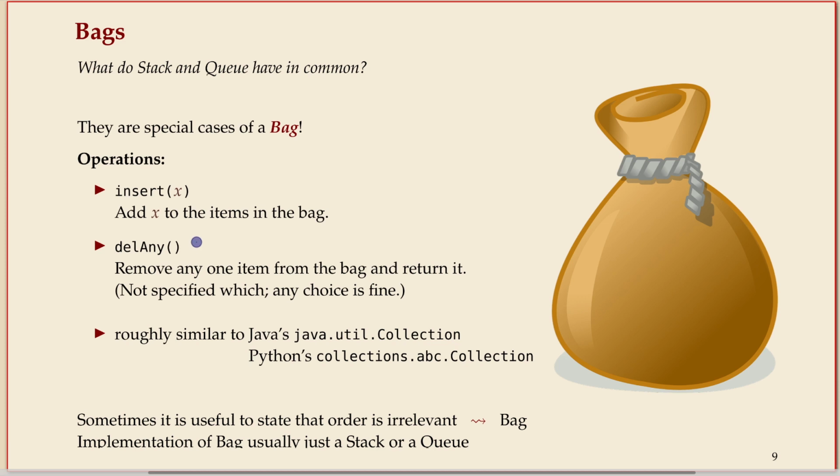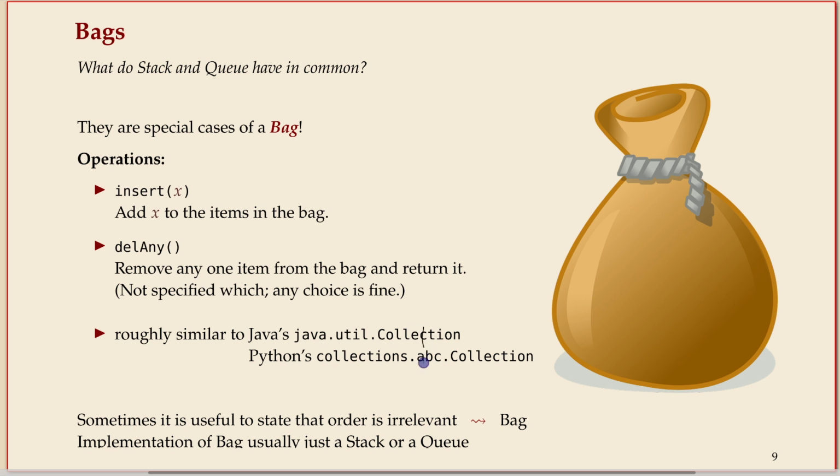In the general bag, you just say delete any element, and you don't make any guarantees. So this is less strict than a stack or less strict than a queue. So you can take any implementation of stack and queue and say, that's a bag. It's a special kind of bag that gives you a specific order. But if you program against the interface of a bag, you're promising you don't make any assumptions on the order.